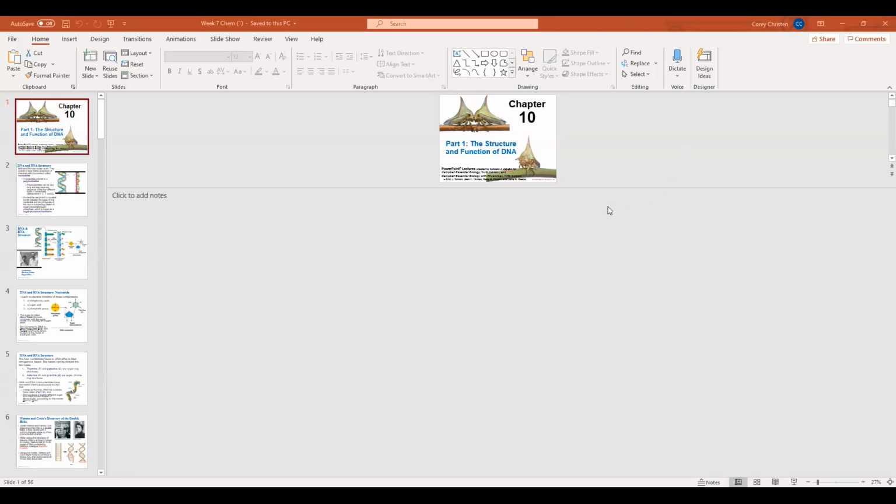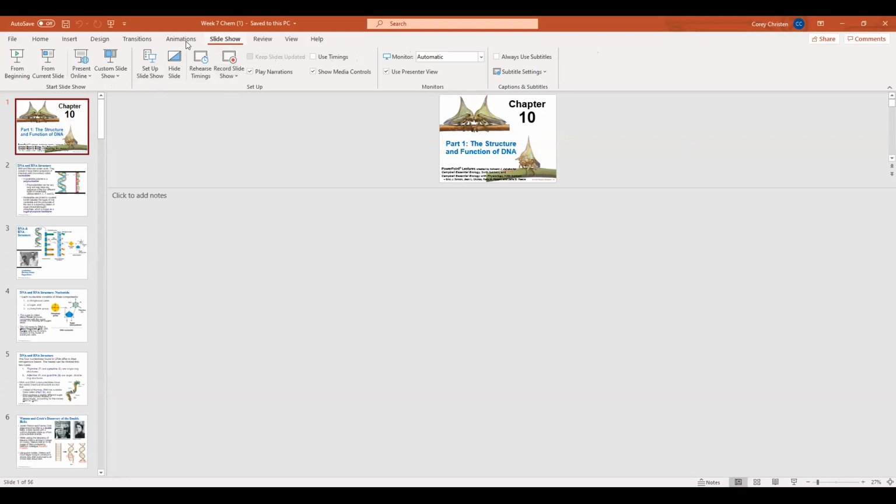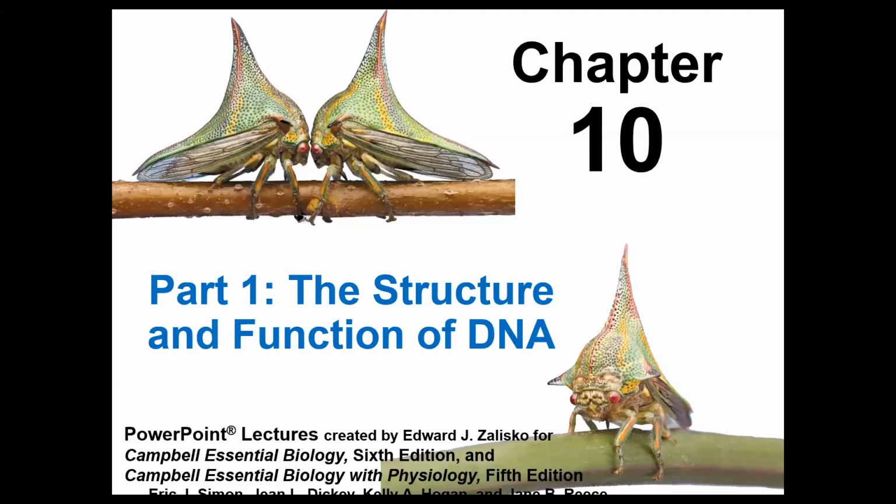Now, for those of you who have taken biology before, this slideshow might actually look a little familiar to you, and that's because it's taken from Bio 189. So the importance of this week is understanding the chemical structure and function of DNA and what it does and how it does it, more importantly.